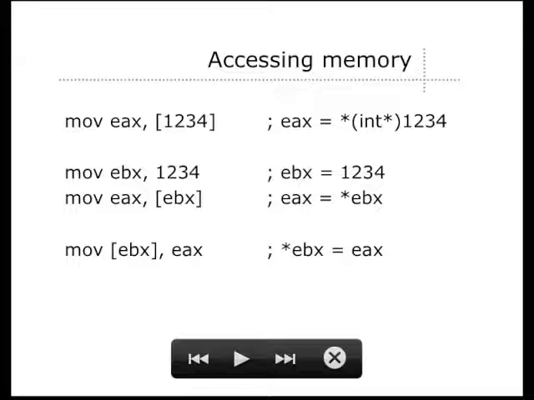So you cannot usually operate with the data in the memory directly. You have to load it into the register, then perform the operations on the registers, and then maybe store the result back into the memory. So here you have the instructions for loading the contents from some address in memory, and then storing the contents of a register in that place in memory.